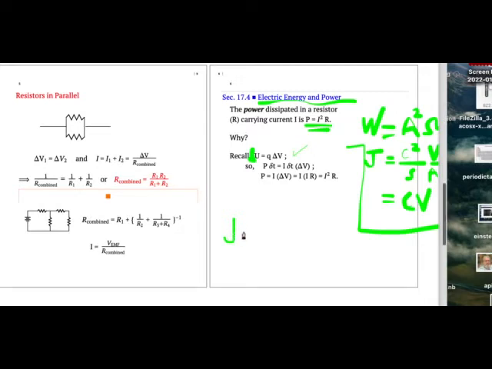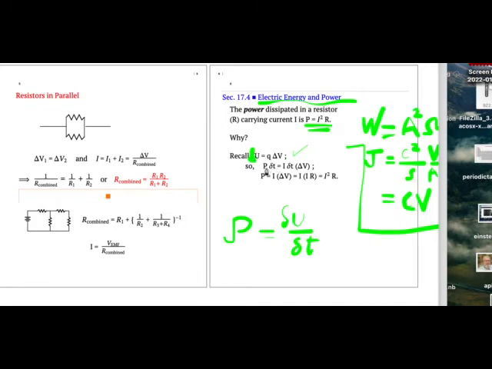Power is energy, in this case the electric energy U, over time. I guess in terms of changes of energy and changes of time, power is a change of energy per unit time. Watts is joules per second.